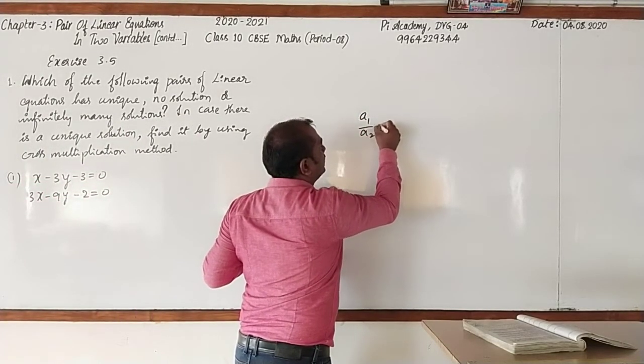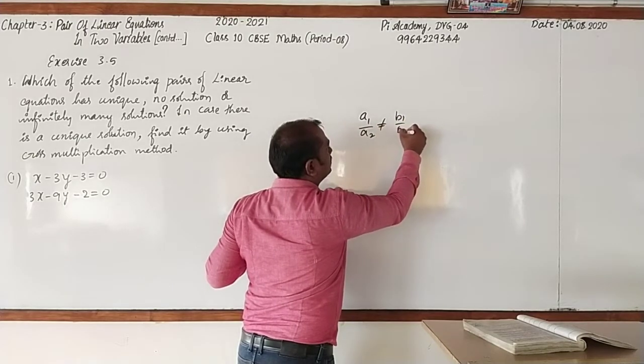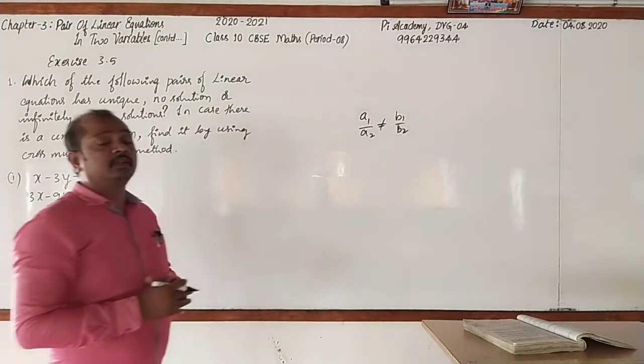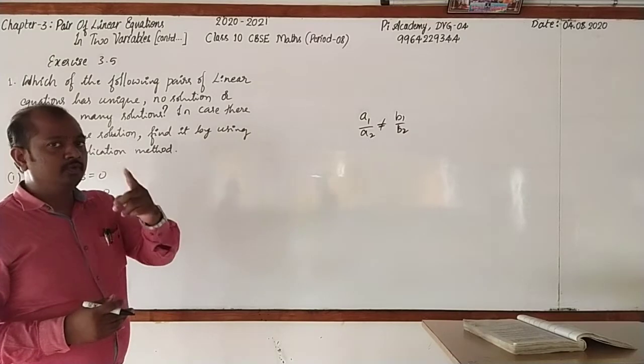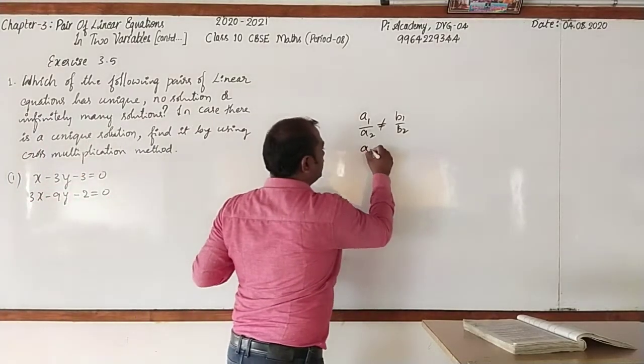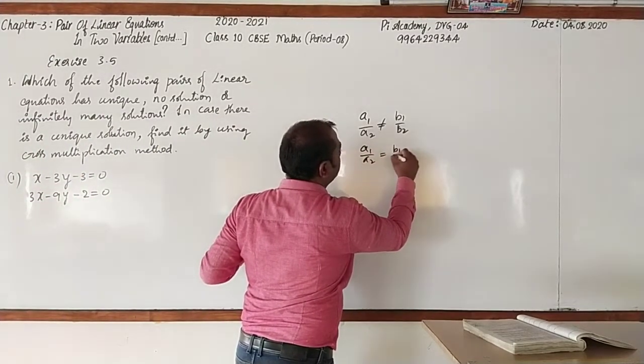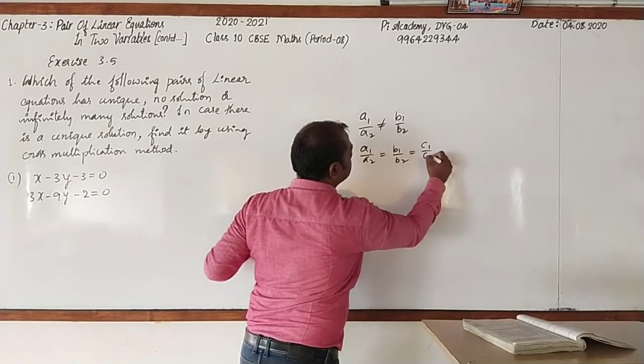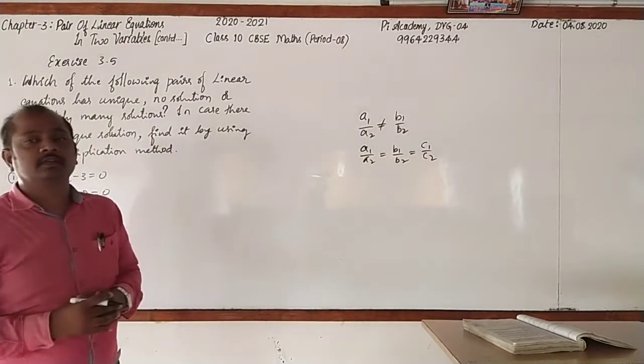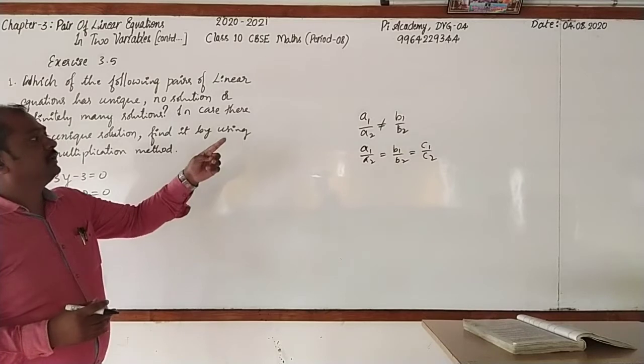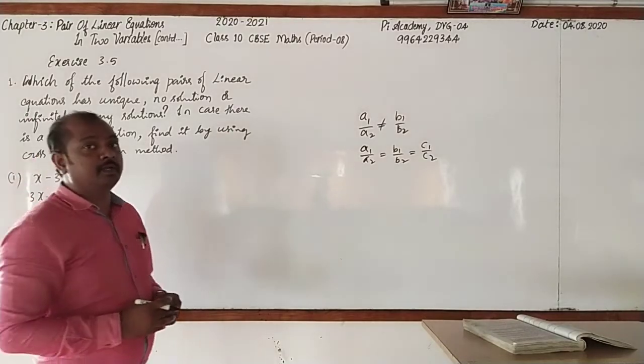If A1 by A2 is not equal to B1 by B2, then we can say that the equations have a unique solution. If A1 by A2 is equal to B1 by B2 is equal to C1 by C2, then the given system of equations has infinitely many solutions.